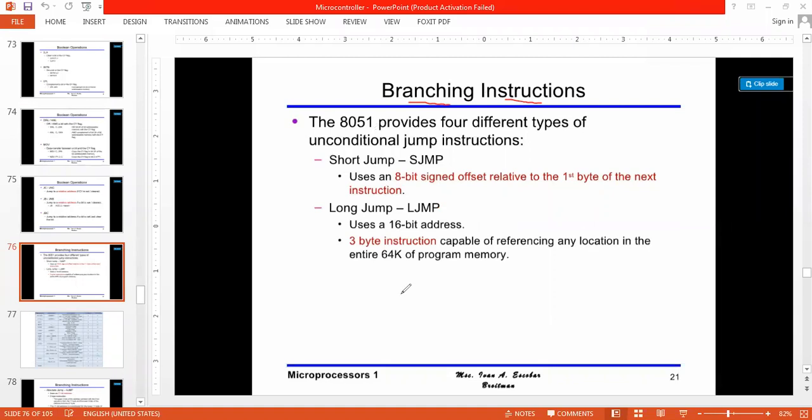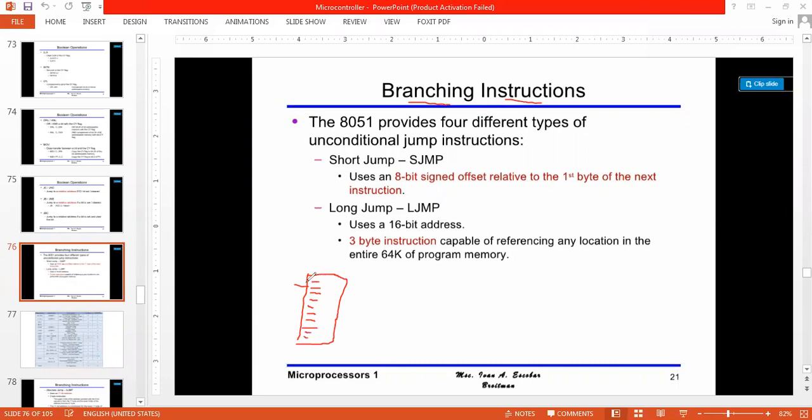Say I have 10 instructions in a single program: 1, 2, 3, 4, 5, 6, 7, 8, 9, and 10.